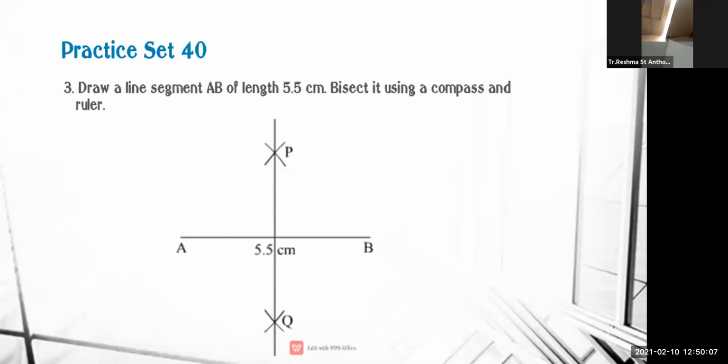Here you have to use this ruler and compass.